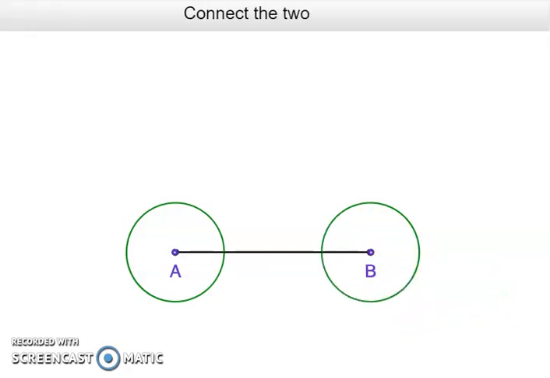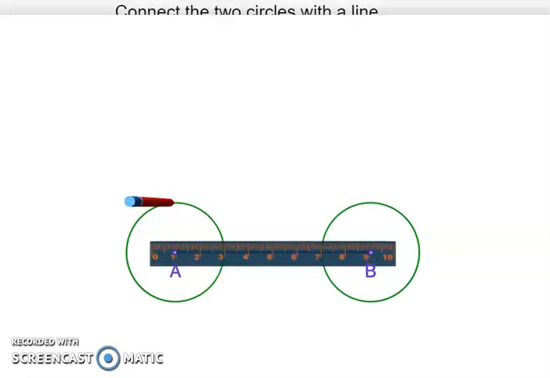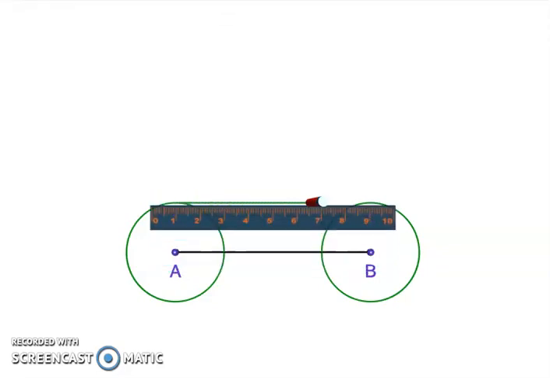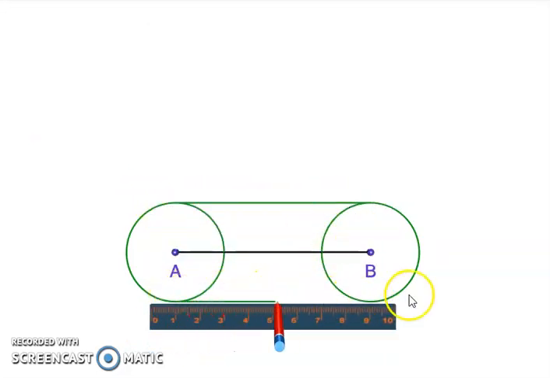Okay, so then we connect the two circles with a line. We connect the top one, and then we connect the bottom one.